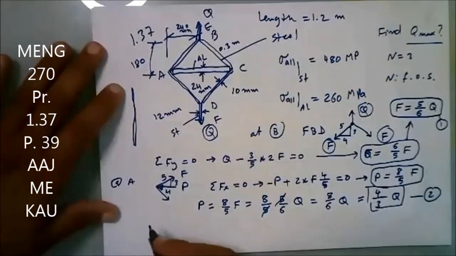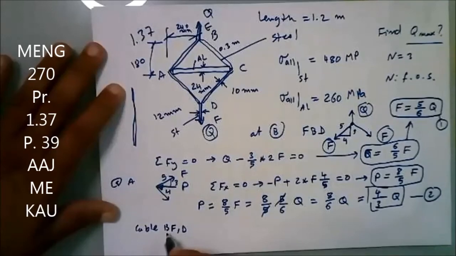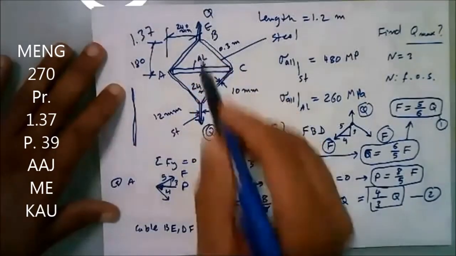Now let's take it one by one. Let's take the cable BF, and BE and DF. Two cables here.